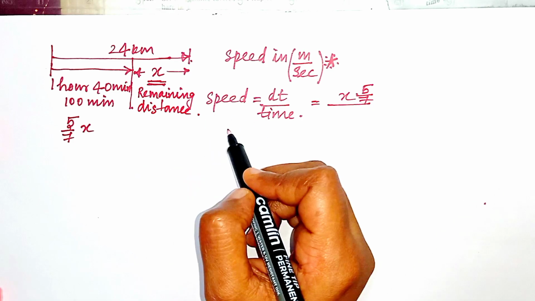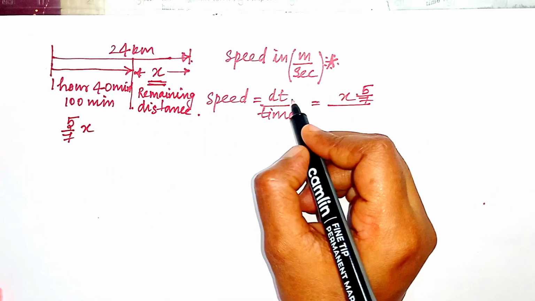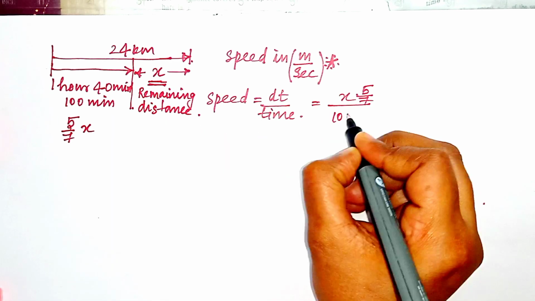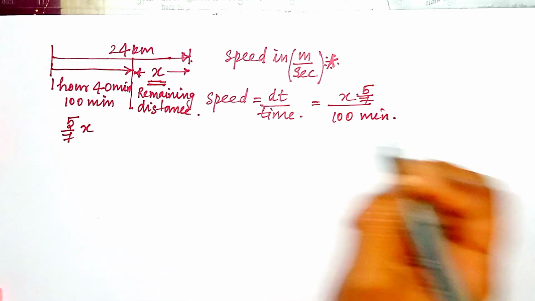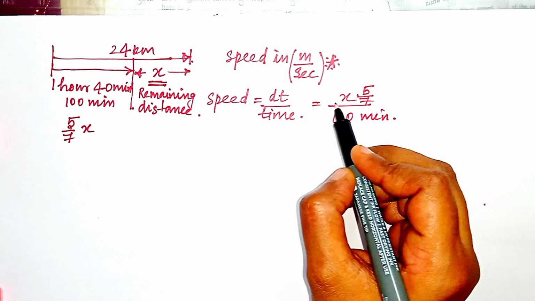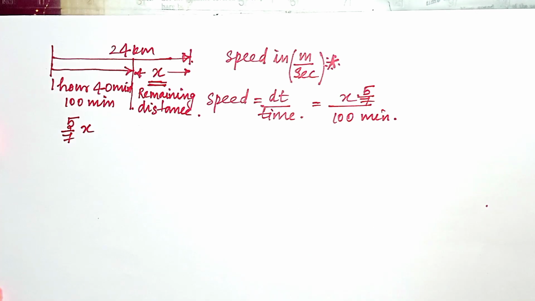So in order to find the speed, we are going to find how much distance he covered with respect to how much time he took. Time is already given, 100 minutes, and what is the distance? Distance is 5 by 7 of x. Now we'll have to find x.